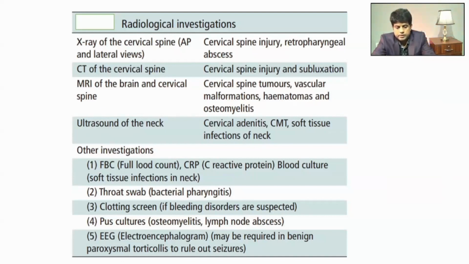And if you suspect a lymph node abscess or retropharyngeal abscess or osteomyelitis, you can drain the pus and then send the pus for cultures. And sometimes, for example, benign paroxysmal torticollis can mimic a convulsion. So EEG is important for ruling out seizures in such children.